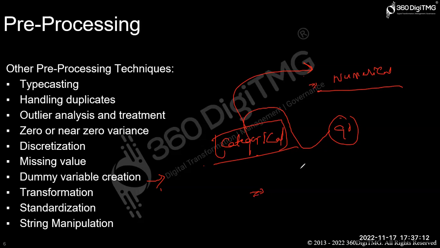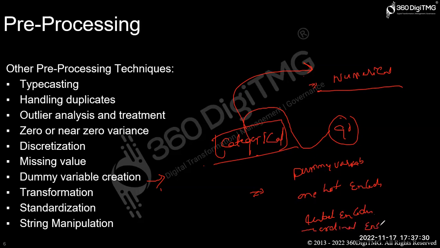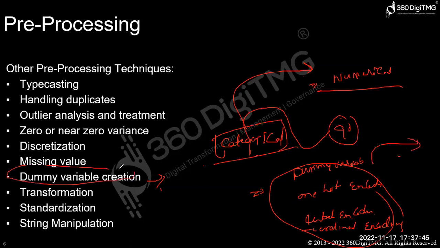Among these, dummy variables, one-hot encoding, label encoding, and ordinal encoding. Like that, we have various encoding techniques. Why are we using this? Whatever the categorical data we have, we are simply converting into numerical. That we will be calling dummy variable creation.